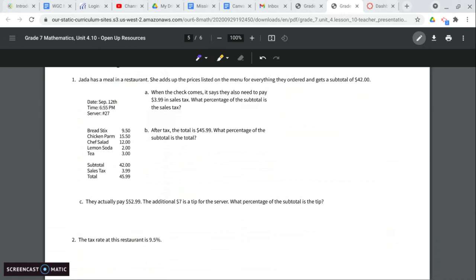So if we take the 3.99 and divide it by 42, we're finding what portion of 42 it is, which is 0.095 or 9.5% sales tax.